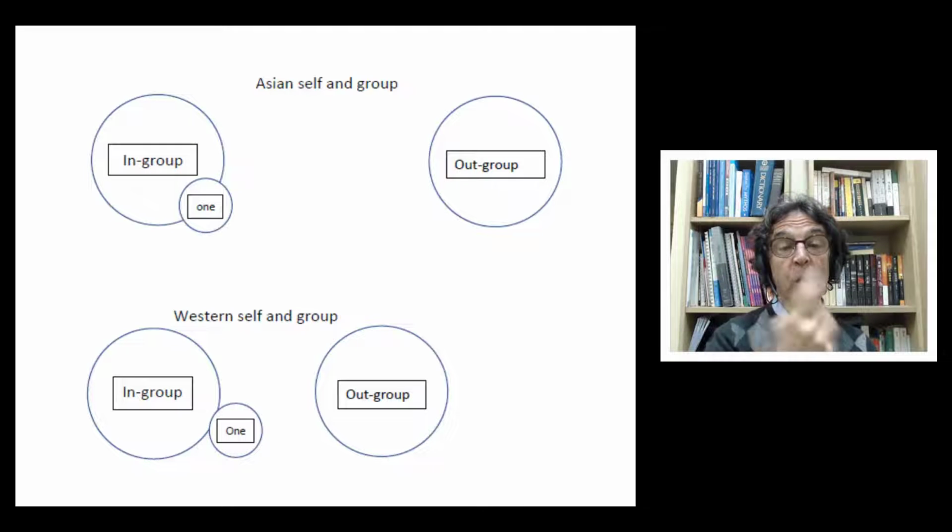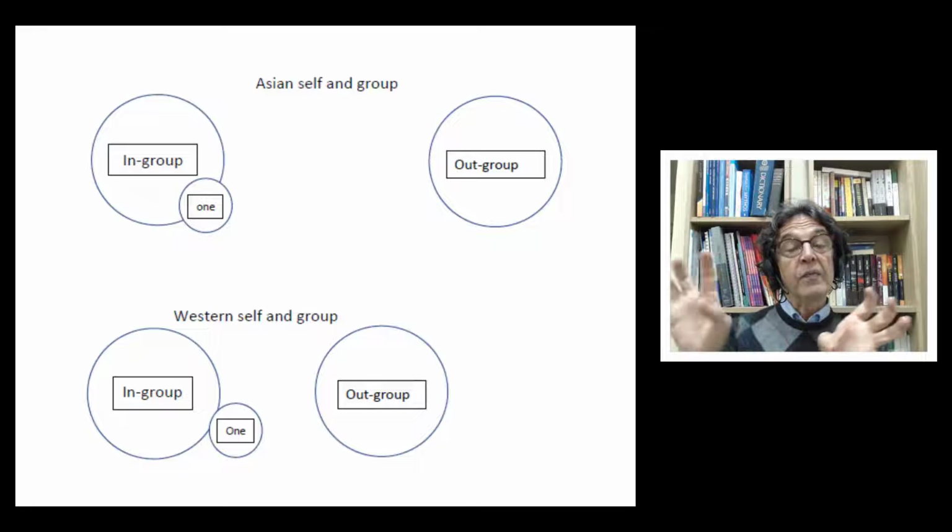Now, the big question that we need to ask ourselves is, why is this the case? Why is it that different cultures have different measures of the identity of one person? And how is it that different cultures have a sense that they are different or distant from other groups?